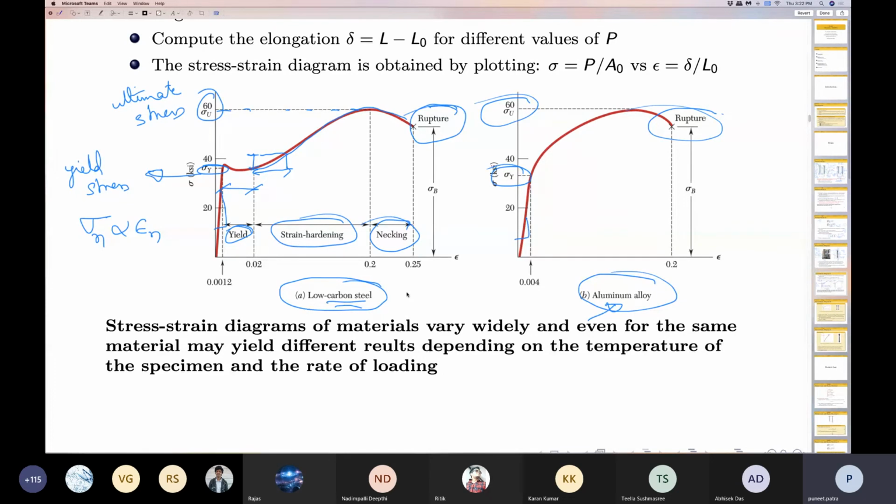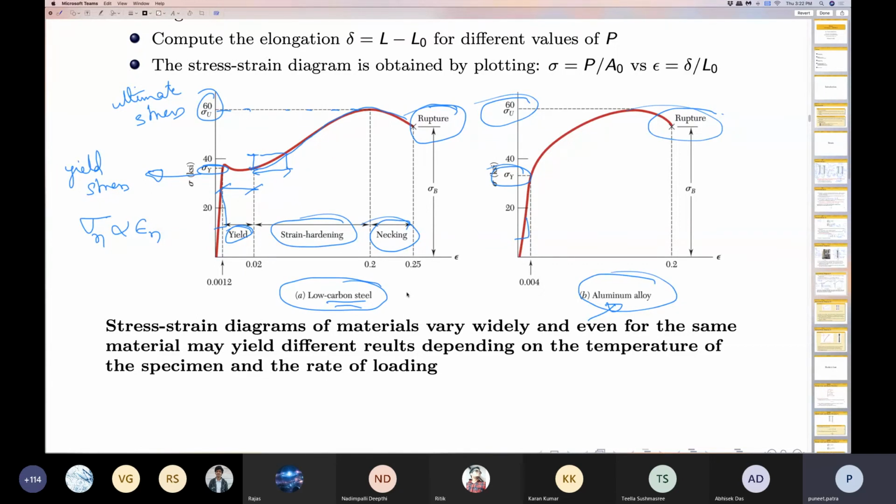But remember that even though the stress strain diagram of two materials differ, it does not necessarily mean that the stress strain diagram of the same material will always remain the same. If you change your temperature in which you are performing this experiment, or if you change the medium in which you are performing this experiment, or if you change the rate at which you are applying the external force P on the specimen, your stress strain diagram itself may change. So keep that in mind.